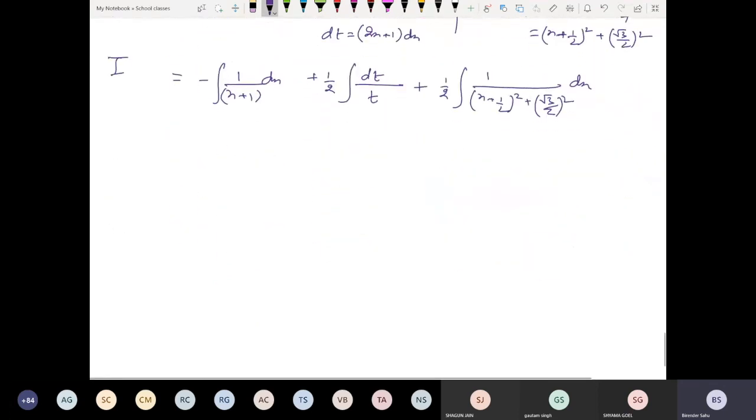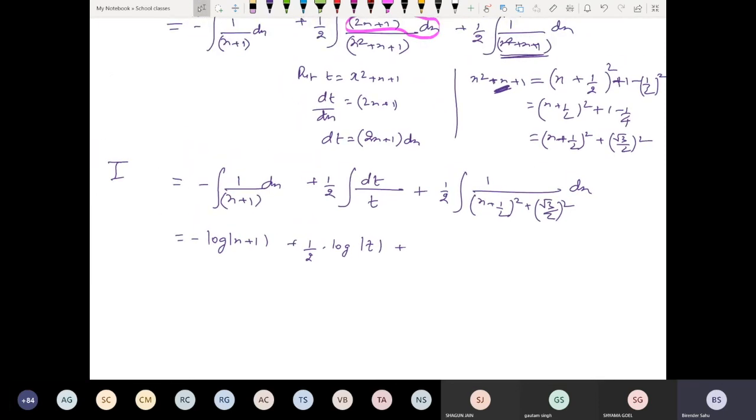This is nothing but minus of log of (x plus 1) divided by the derivative of x plus 1, that is again 1. Plus 1 by 2 log of t, plus, yes, who will tell me the formula for this? Riddhi, can you tell me the formula for the integration of 1 over x square plus a square?